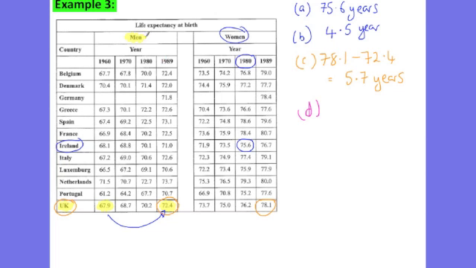We can see here both in the men and women, we can see each time comparing, doesn't matter which country, the life expectancy has increased. All of the values in the column for 1989 are larger than the values in the column for 1960. So life expectancy has increased.